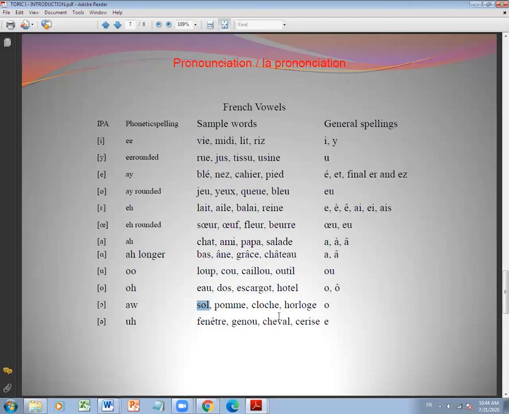What is fenêtre? Fenêtre is the window. The window. Next one.